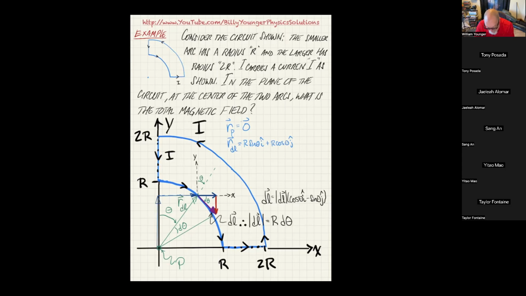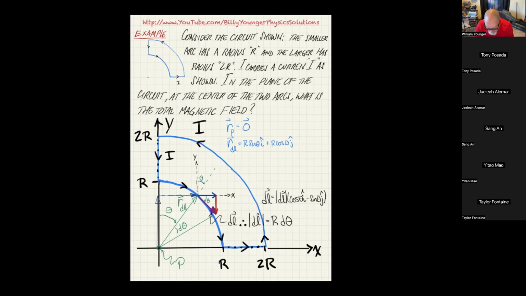But notice that angle is adjacent to the angle that we need. That angle is basically between the extension of R DL, which is the green dashed line, and the purple line, which are perpendicular. So if the one between the dashed line and the x-axis is 90 minus theta, then the one between the blue x component of DL and DL is 90 minus (90 minus theta), which is just theta again. So that's how I got that little theta.